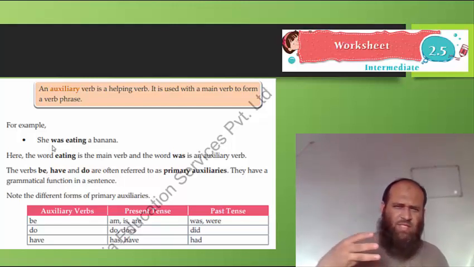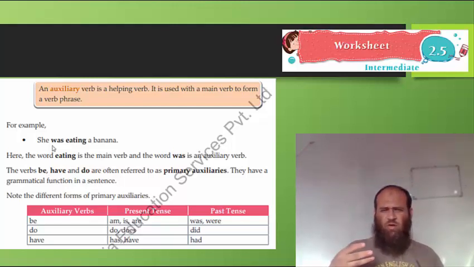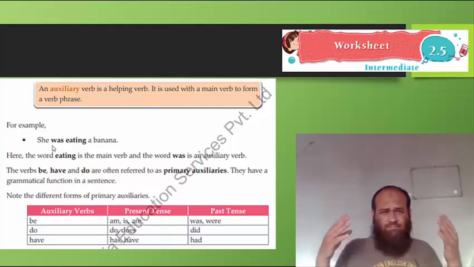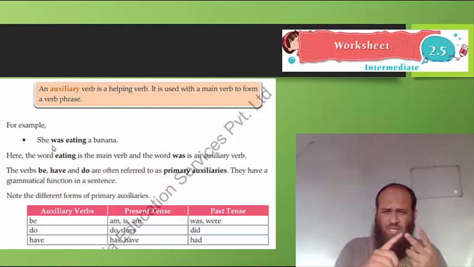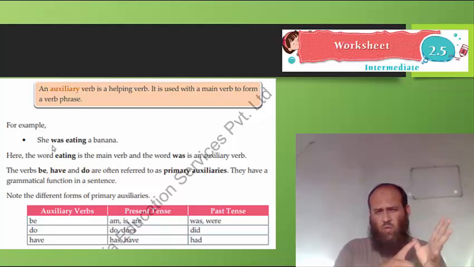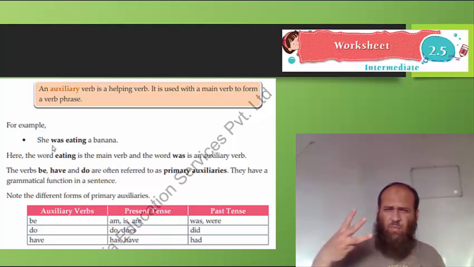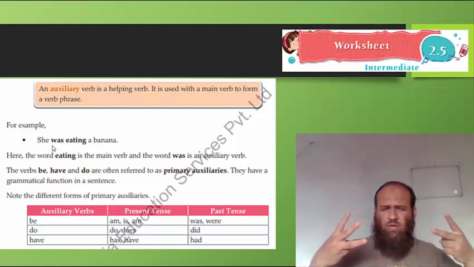And there are three basic main forms of auxiliaries. Those are called primary auxiliaries: be, have, do. Be has 5 forms: am, is, are, was, were. Am, is, are for present. Was, were for past.